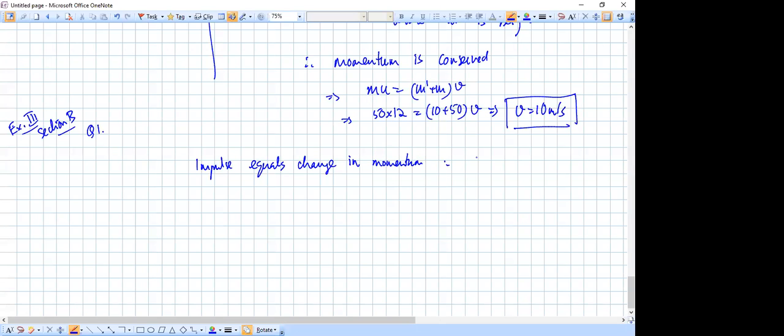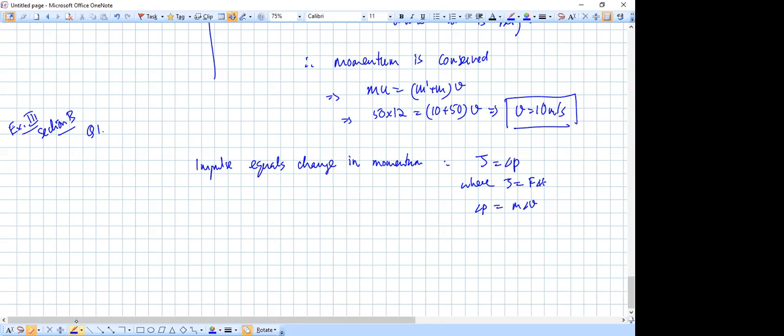Or J is equal to delta P, where impulse J is equal to force multiplied by time, and change in momentum is equal to mass into change in velocity. Just write this like this.